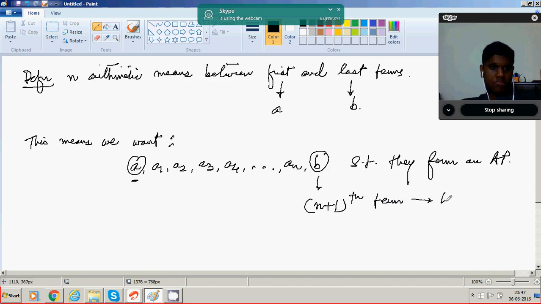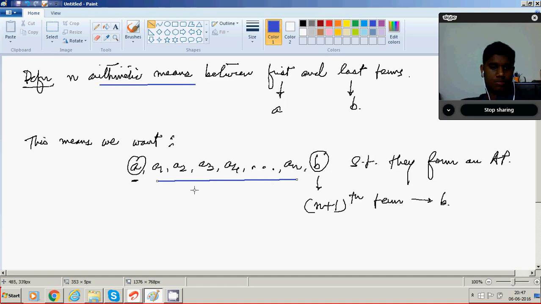Right? Is that clear? But take care of the terminology. The a1, a2, a3, an are known as the n arithmetic means in between a and b. Please take notes.